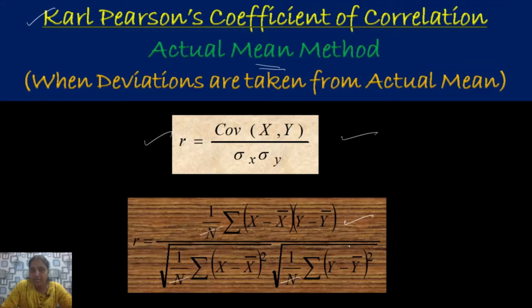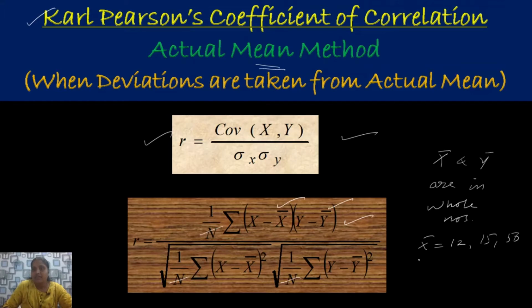And this formula is used only when the values of x bar and y bar are whole numbers. That is, x bar takes a value something like 12, 15, 50, or y bar takes a value something like 30, 25, 32.